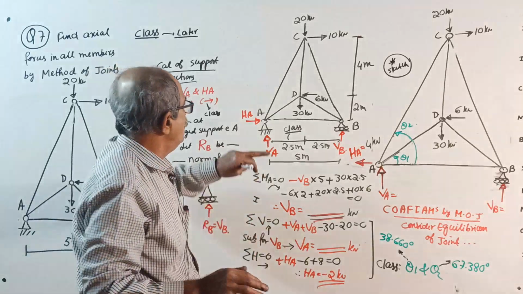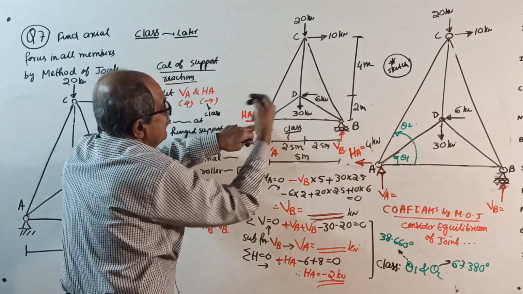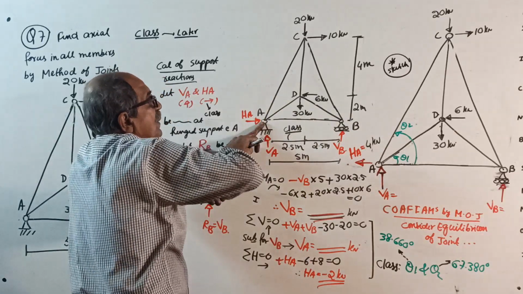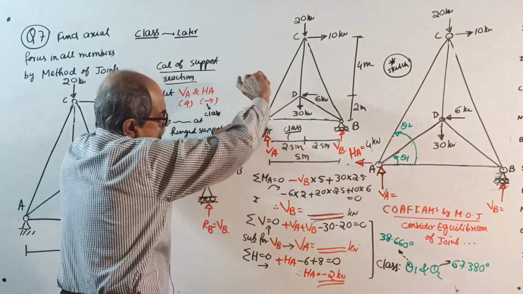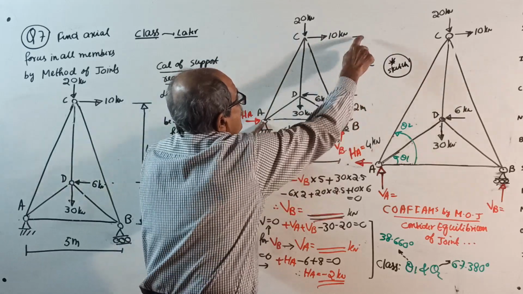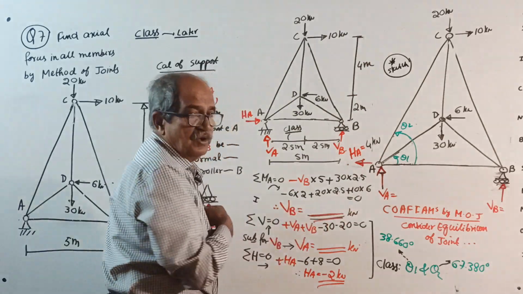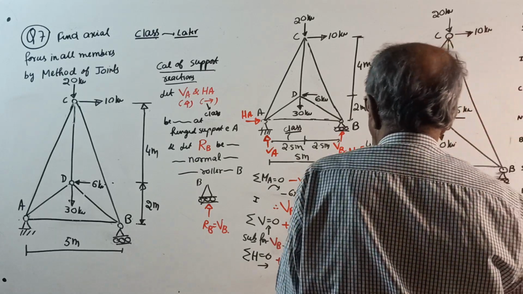Okay. 30 into 2.5 clockwise, then 6 into 2 anti-clockwise, 20 into 2.5 is clockwise, 10 into 6 is clockwise, equal to 0. You get the value of VB.